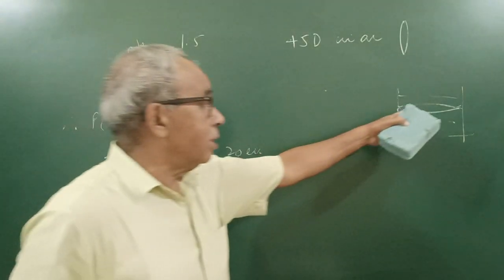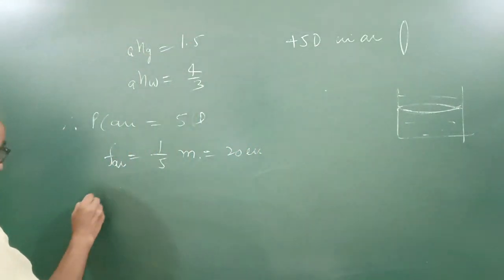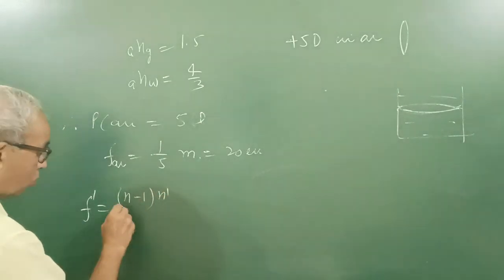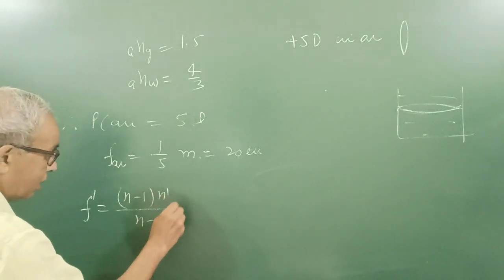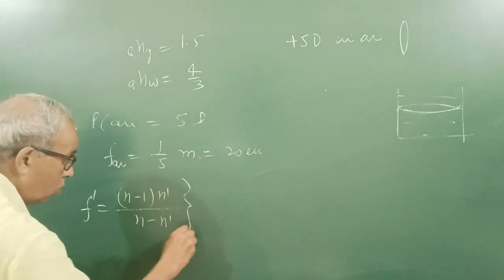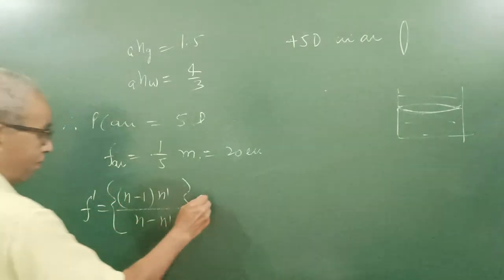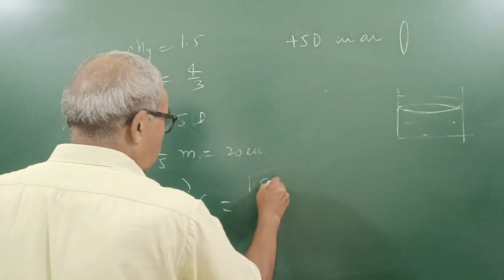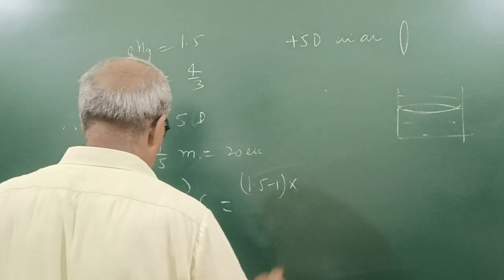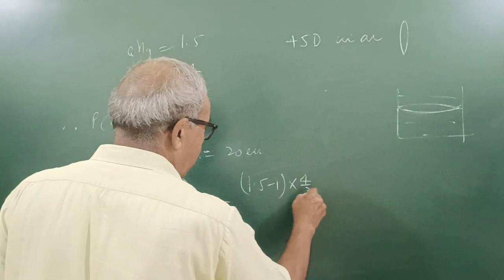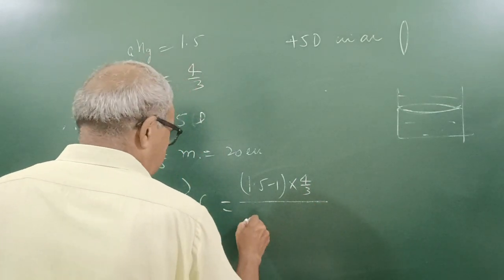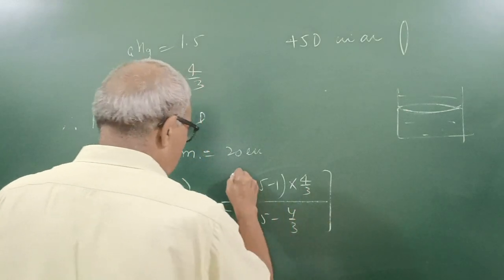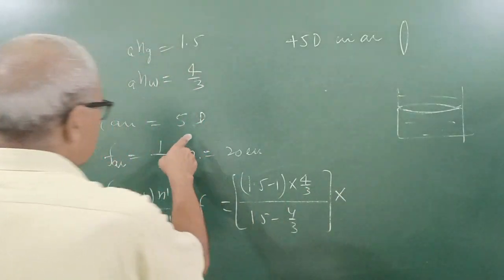To find the focal length in water, I have told you F dash equal to (n minus 1) into n dash upon (n minus n dash) into F. What is n? 1.5 minus 1, into n dash 4 by 3, upon 1.5 minus 4 by 3, into this is 20.